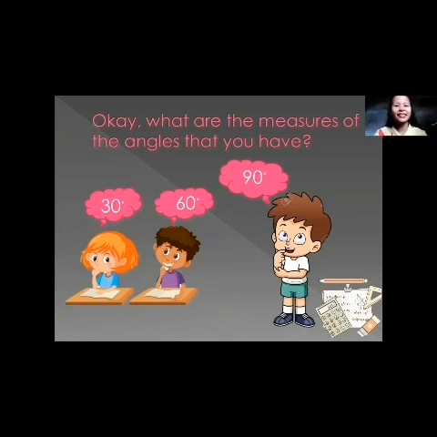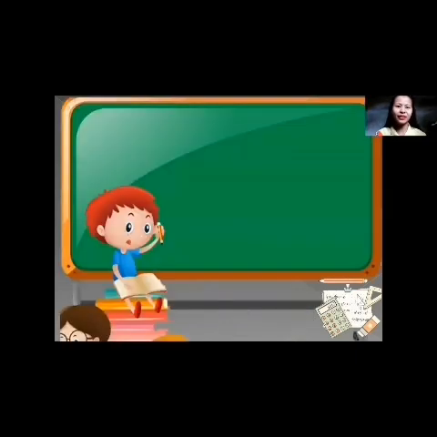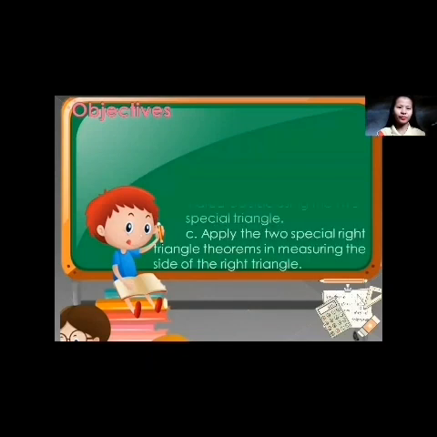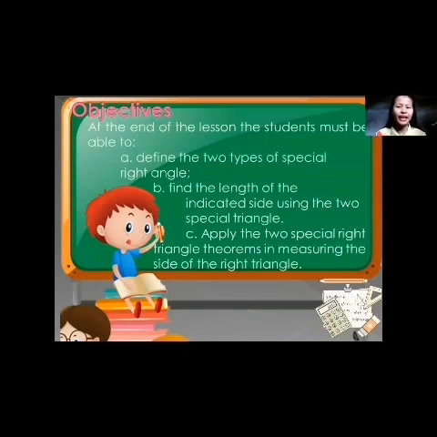Yes, but before that, we will have our objectives first. Everybody, please read the objectives. Objectives. At the end of the lesson, the students must be able to: A. Define the two types of special right triangle.